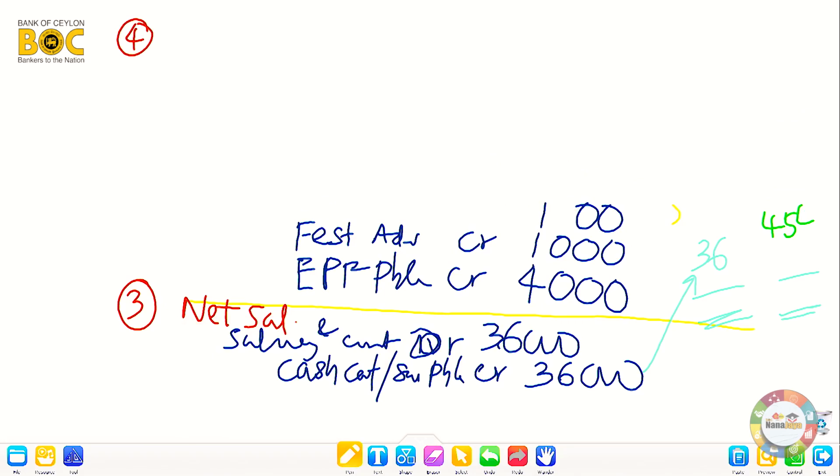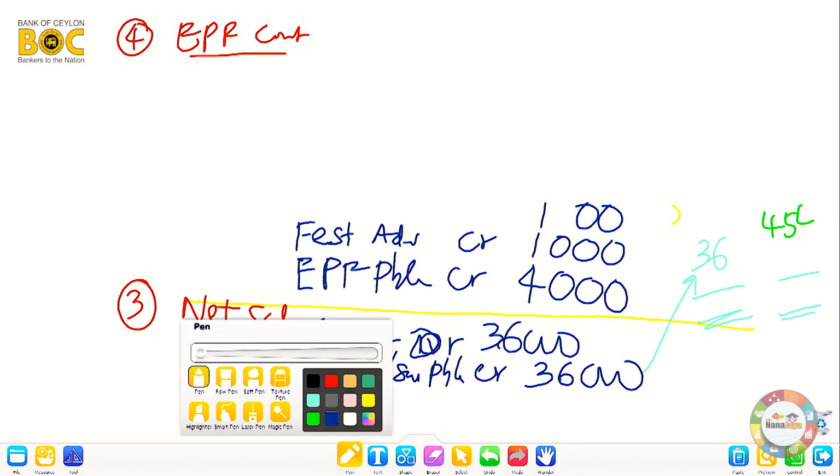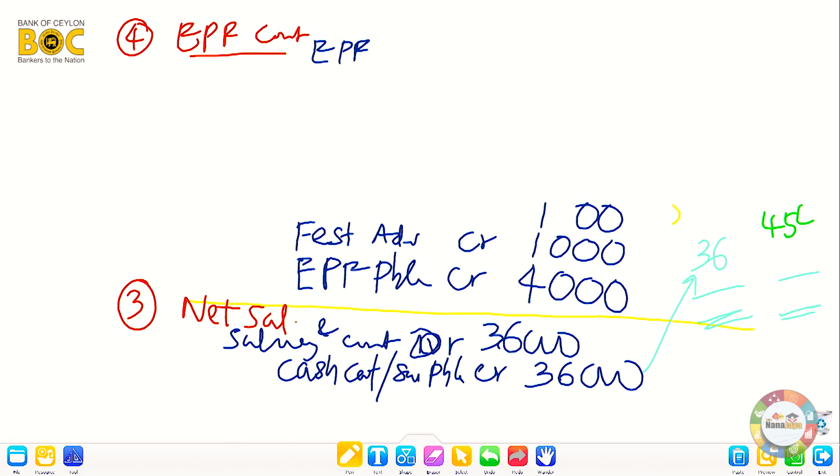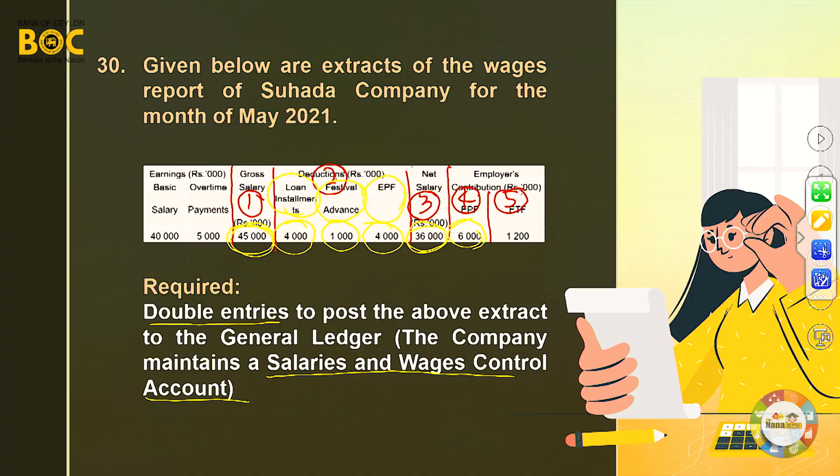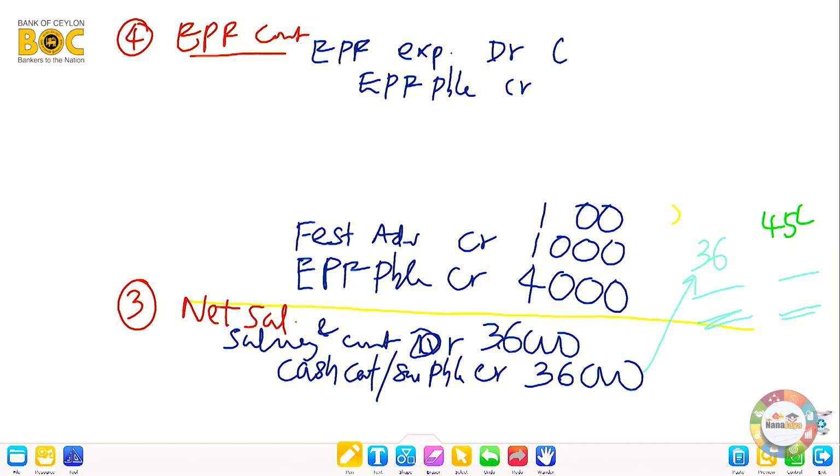EPF employer's provident fund expense debit, and EPF payable credit. How much? 6,000 rupees. EPF expense debit, EPF payable credit.